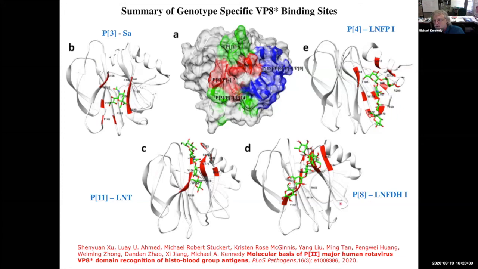Here we have P4, a crystal structure determined by another group, but this is with a Lewis negative LNFPI glycan, and it binds over in this beta-alpha site. And then here is our new predicted location of where P8 binds in the beta-beta edge to the Lewis positive glycan.